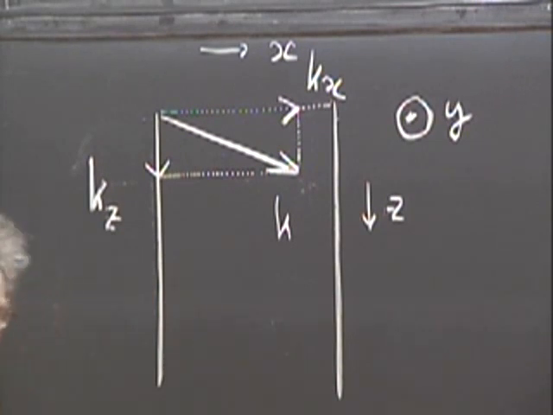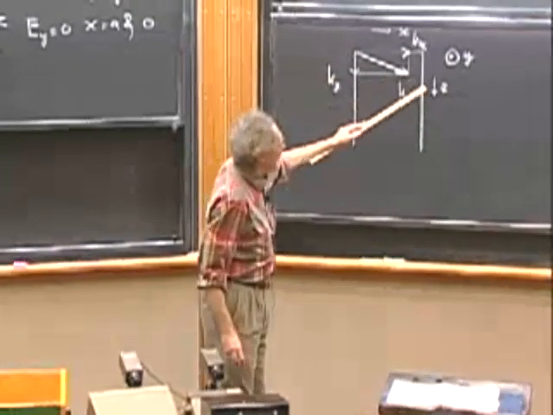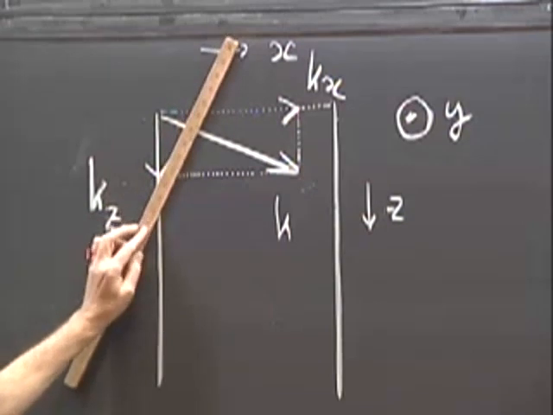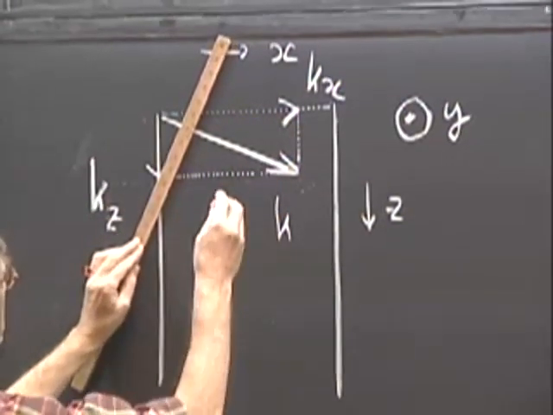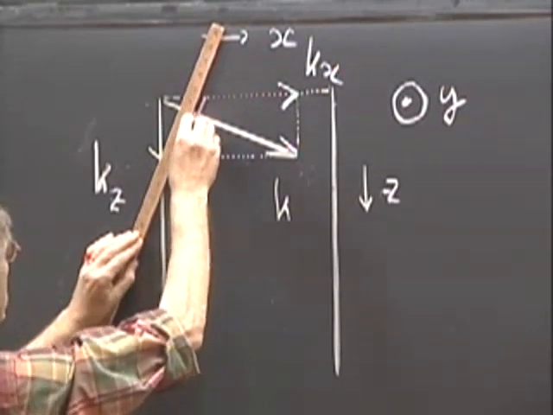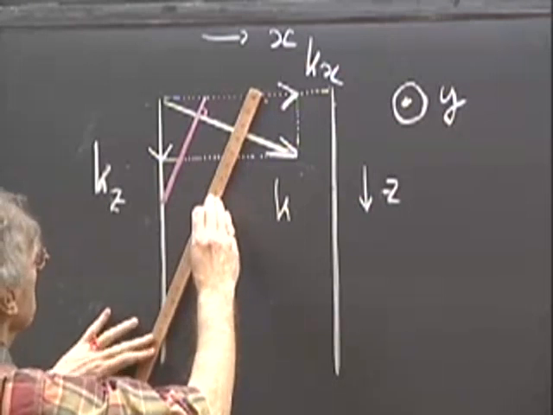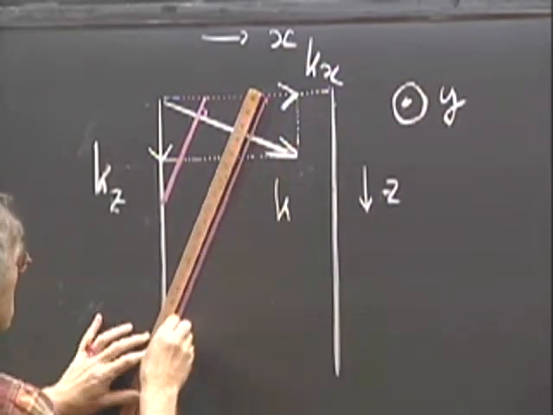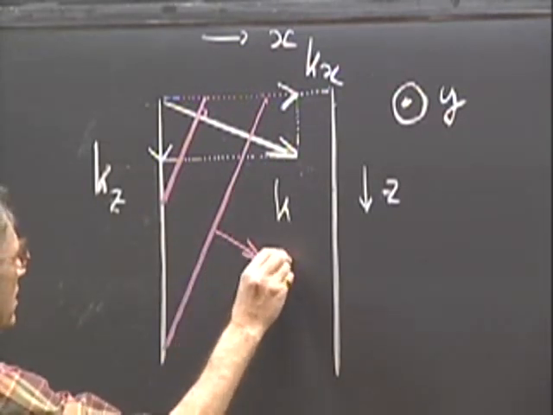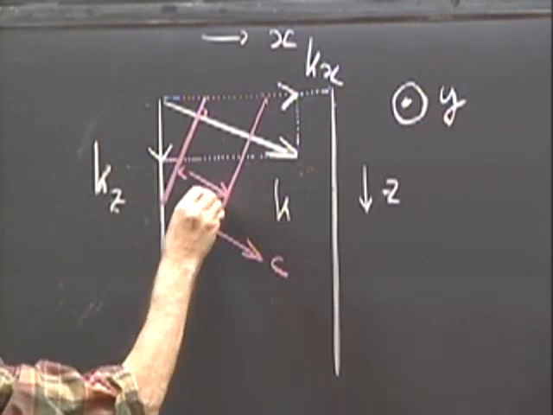The waves, and think of them as water waves as far as I'm concerned, so this is the direction of propagation in the gap. The water waves would be perpendicular to the direction of propagation, which are the planes with constant E fields. I'm going to put one in here. So this is 90 degrees, and I'm going to put another one in here. And so this is now propagating with speed c in this direction, and the separation between these two crests is lambda.